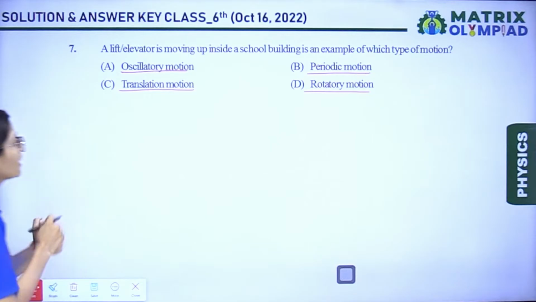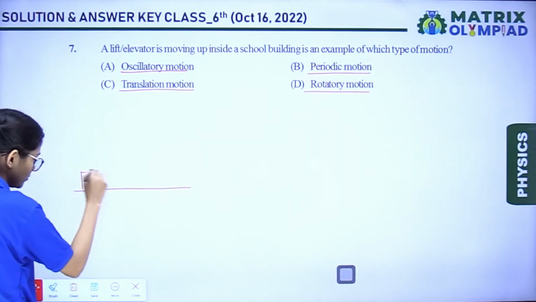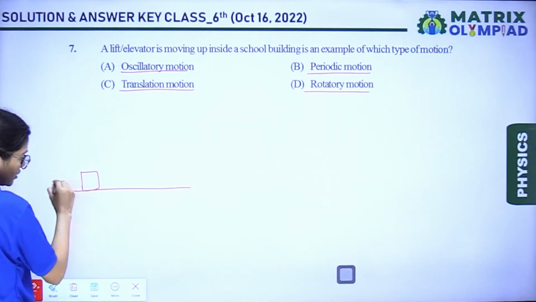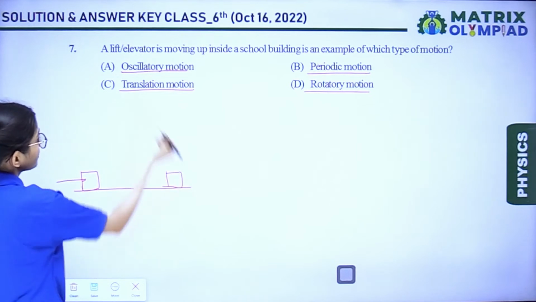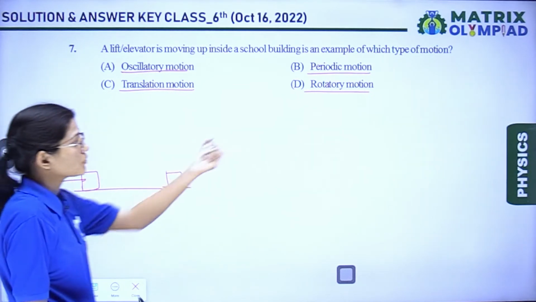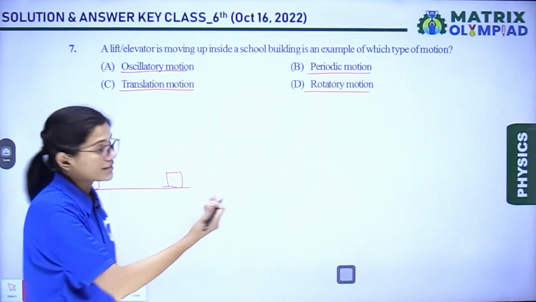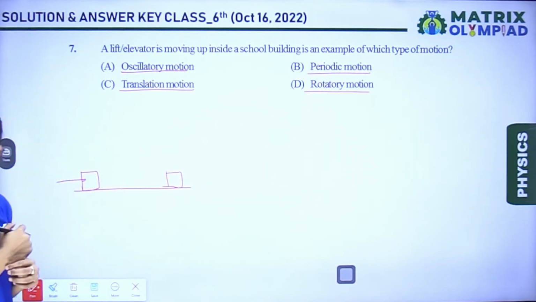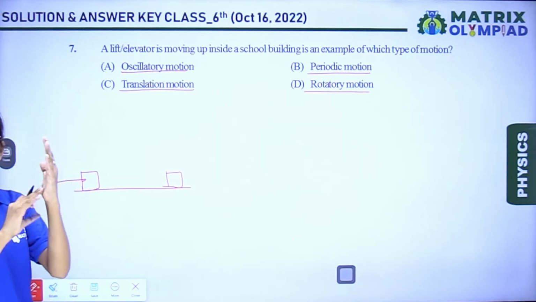In translatory motion, our object just moves from one place to another place, like this object, which is put here and then comes here. So it does only a translatory motion. And the motion of a fan is a type of rotatory motion. Got it? In rotatory motion, our object just moves around its fixed axis.